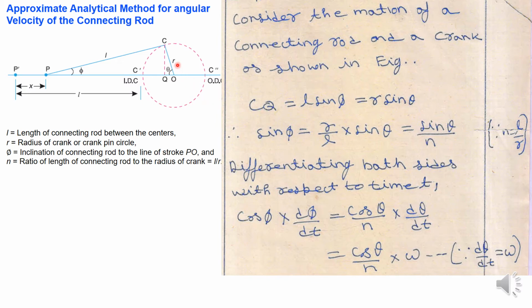Then sine phi is equal to R by L multiplied by sine theta, which is equal to sine theta by n, where n is equal to L by R.